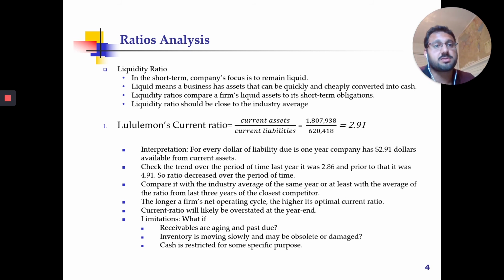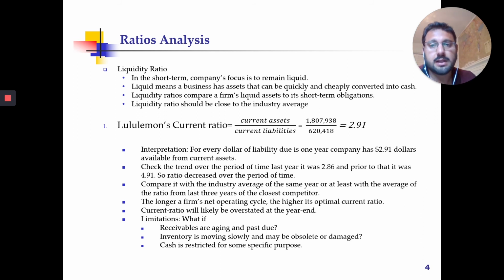So what is the industry average? Say there are 6, 7, 8 companies in the industry. You compute the ratios for those individual companies and take their average, and you want your ratio to be close to that. You do not want it very far below par. You also do not want it above that, and we'll discuss why.